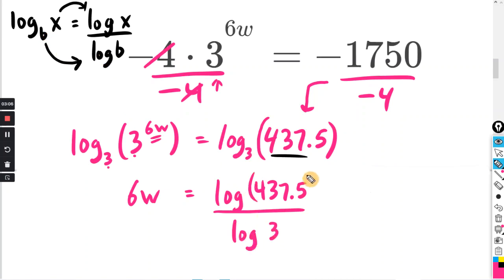You can use parentheses if you want. And now solving for w. This is w times 6. You do the opposite and just divide both sides by 6. And the 6's cancel. So you want to do this on the calculator and then round to 3 decimal places.